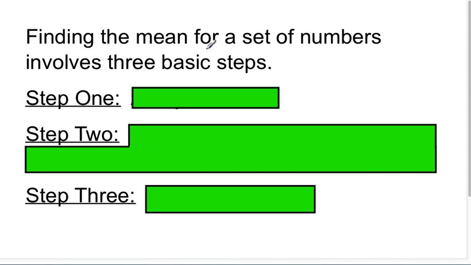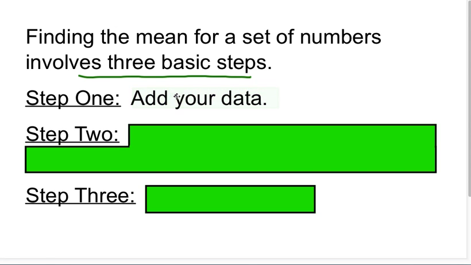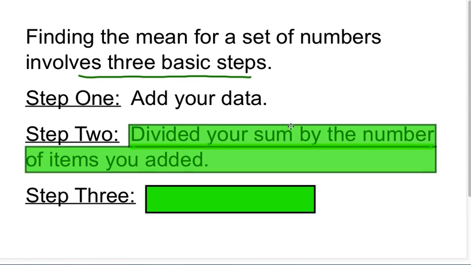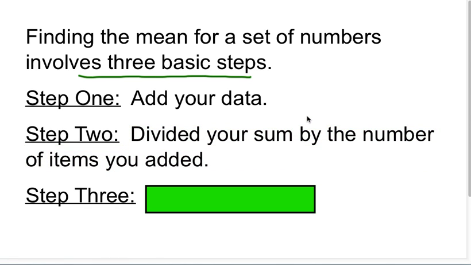Finding the mean for a set of numbers involves three basic steps. Our first step is step number 1: you simply add your data. The next step, you divide your sum by the number of items you added.